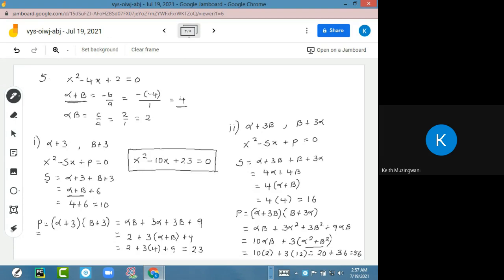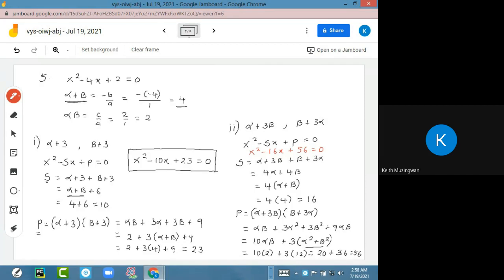So we go back to our sum here and write our equation. It will be x squared minus 16x plus 56 is equal to 0. That's how you come up with the equation.